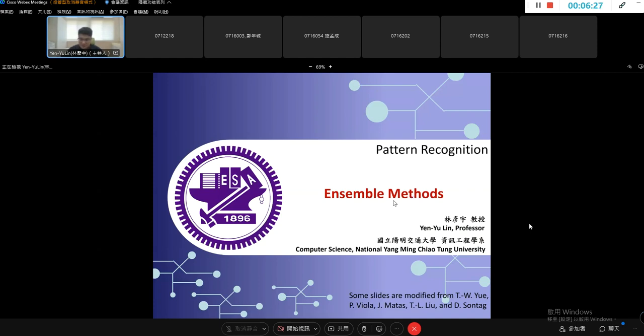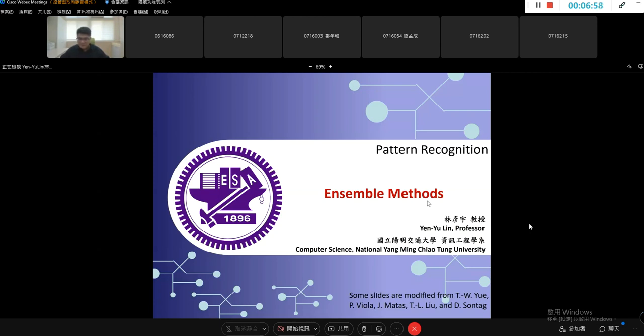In this lecture, we are going to discuss another category of pattern recognition methods called the ensemble method. The main feature of the ensemble method is that each model is composed of several different submodels, so we can eliminate the individual bias.